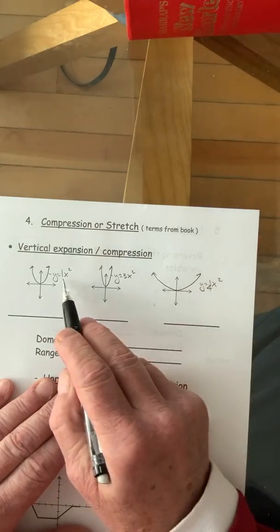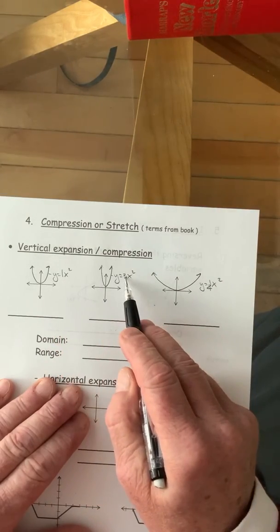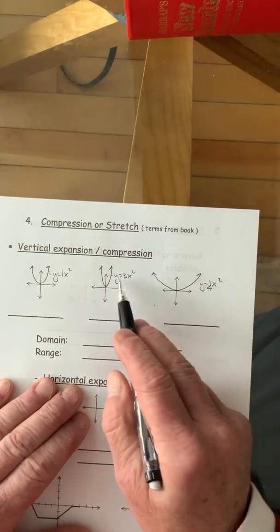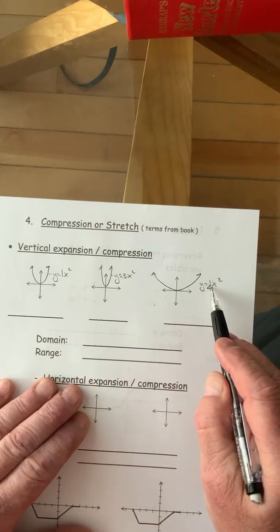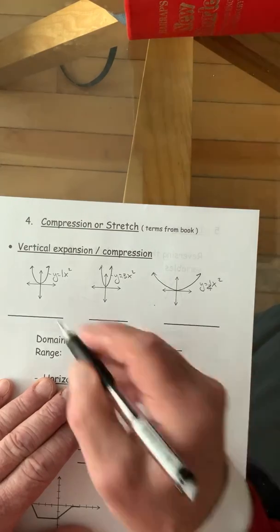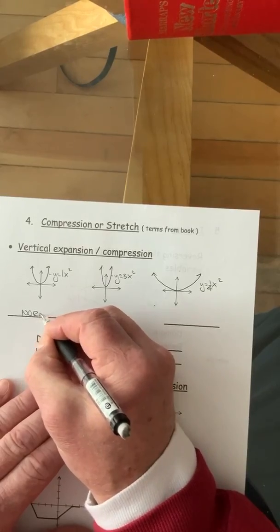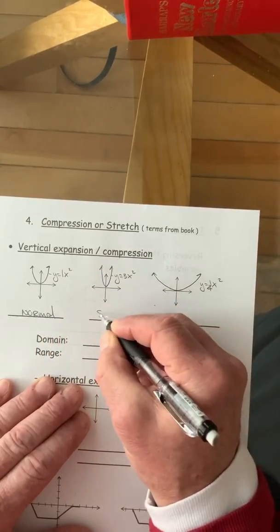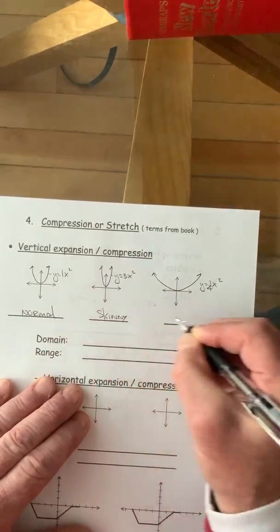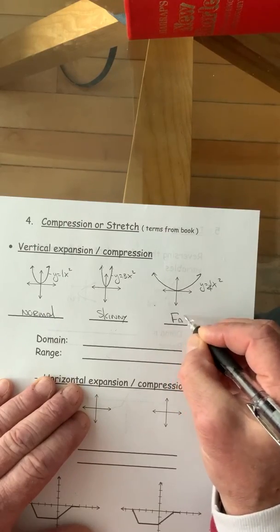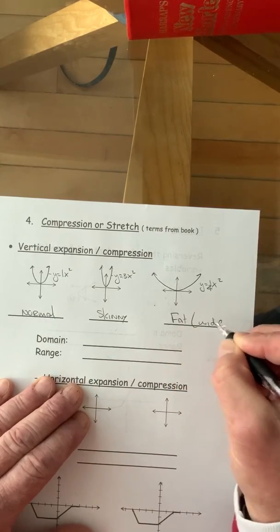It does exactly what it says. This makes it go up 3 times faster, therefore it looks skinny. This one goes up 1/4 as fast, it looks fat. This is normal. This one we call, just to help us remember, skinny. This one fat or wide.